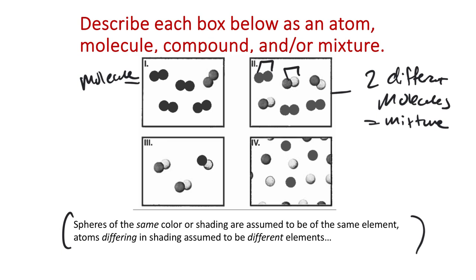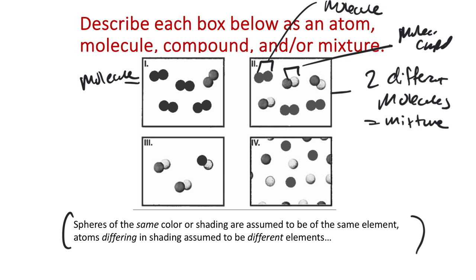So 3 of the 4 words are applying here. I have a molecular compound, just a molecule for the other one, and then a mixture when I think of all of them together. So the one word that probably best describes box 2 would be mixture, but it would be a mixture of a molecule and a molecular compound if you wanted to get really precise.